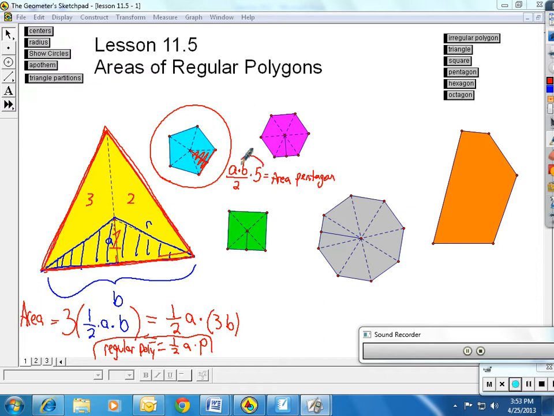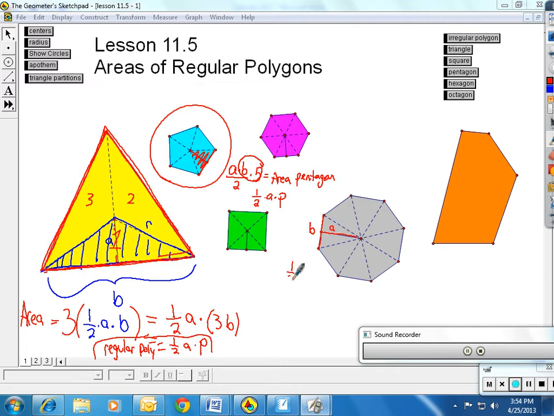What is 5 times b? That's my perimeter. So it's really 1/2 the apothem times the perimeter. Okay? Let's take a look at the octagon here. See it in this case. Here's my triangle. Here's my base, which is really the side of the octagon. Here's my base times my apothem.